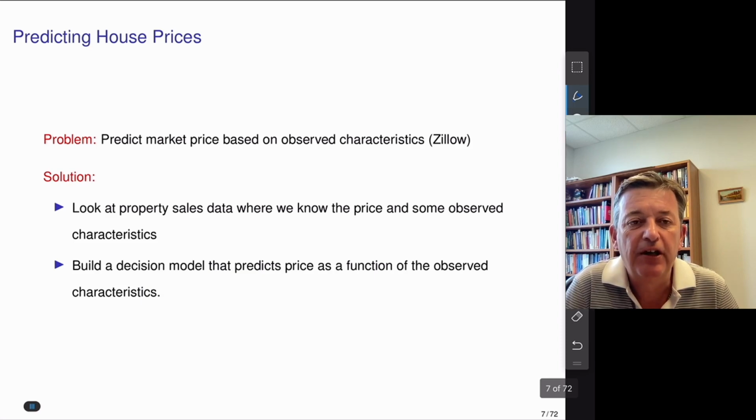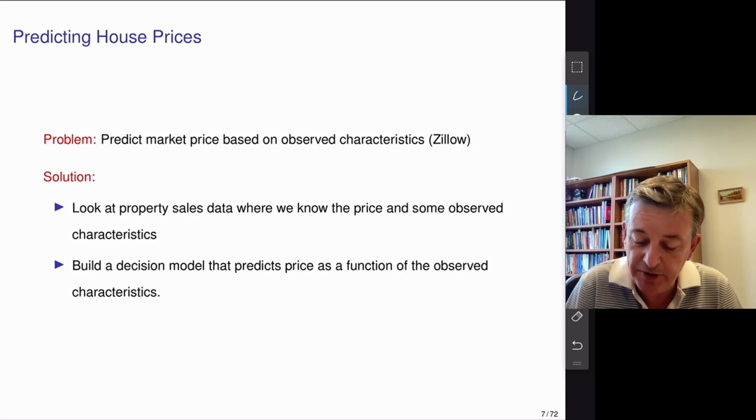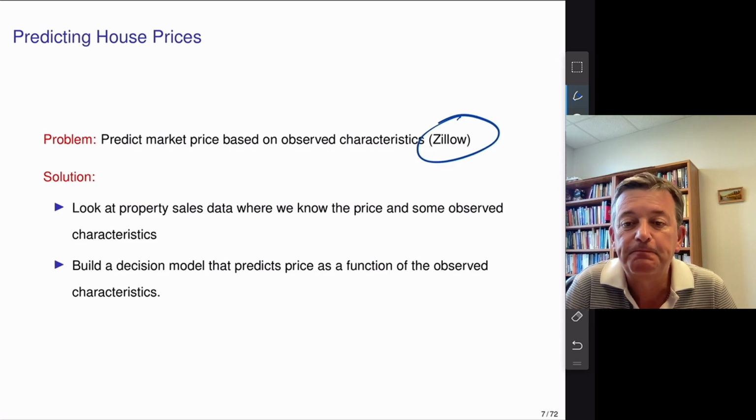Okay, so let's start thinking about predicting house prices, and the machine learning company that has done an incredibly good job of this is Zillow. It has an incredible database of well over 100 million houses with a time series of sales. The whole idea is to look at property sales data and a whole bunch of characteristics of a house.